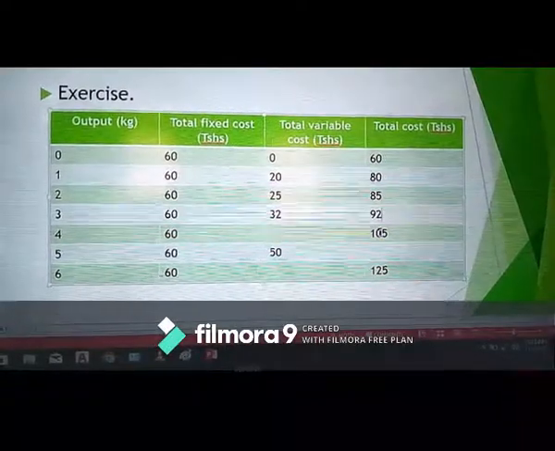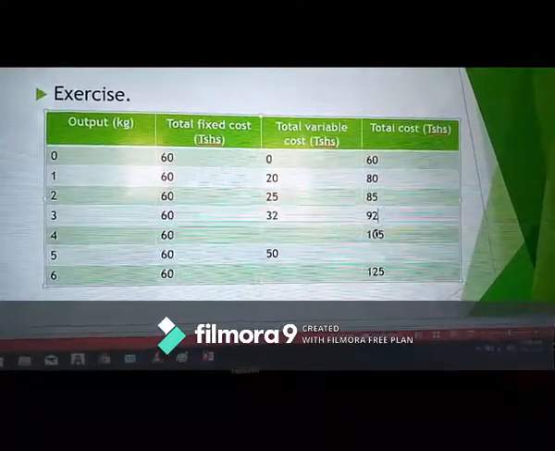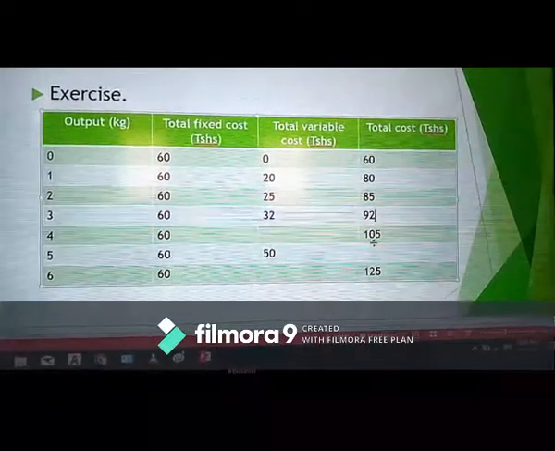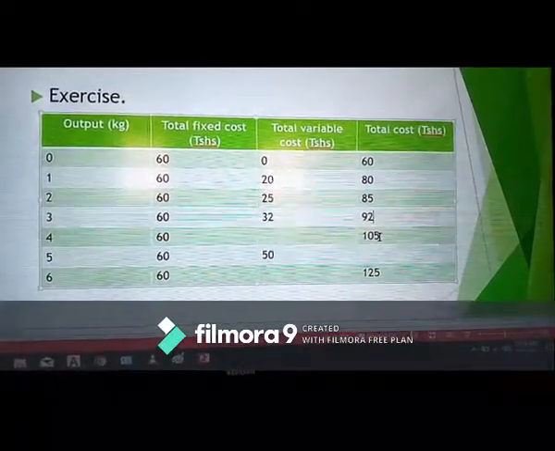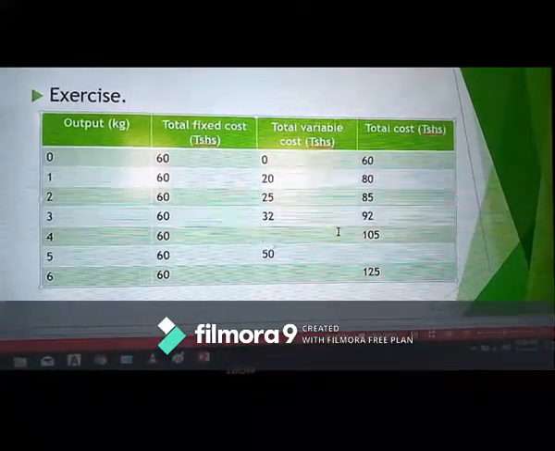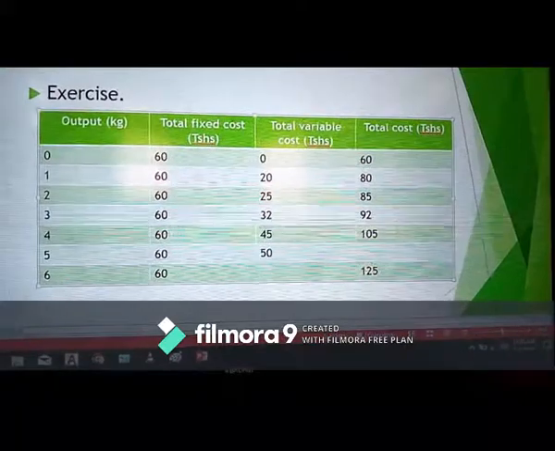Here we have a total cost of 105 and a total fixed cost of 60. Our task is to find the total variable cost, so we take 105 minus 60, and our answer will be equal to 45.